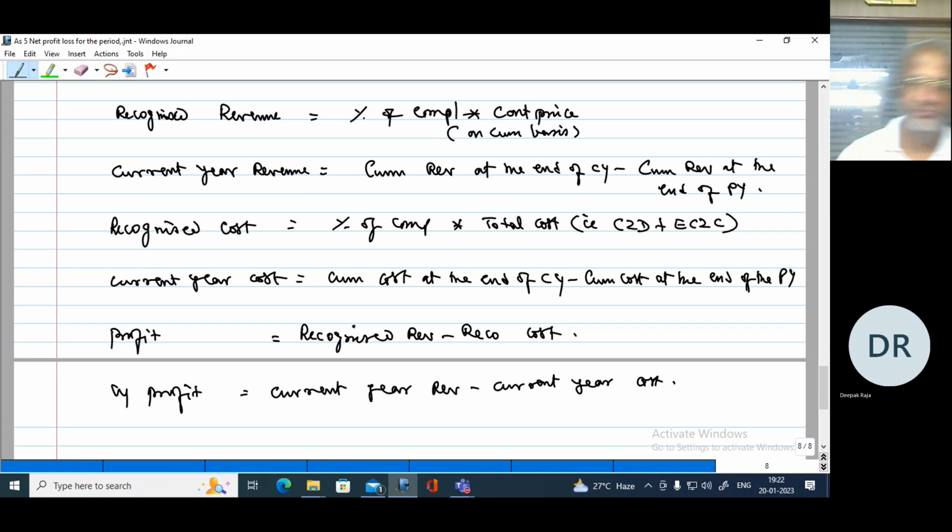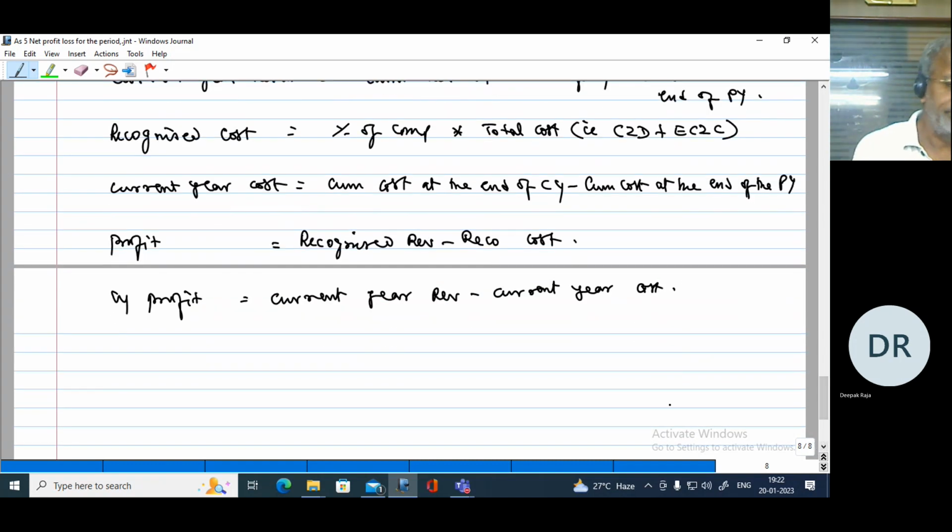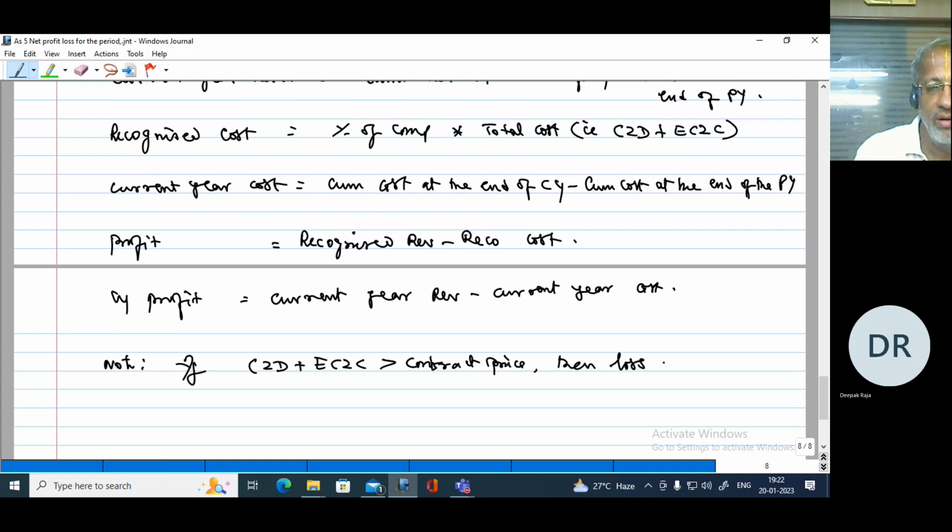Correct? Note. If cost to date plus estimated cost to complete were to be greater than contract price, then loss will result. Correct?